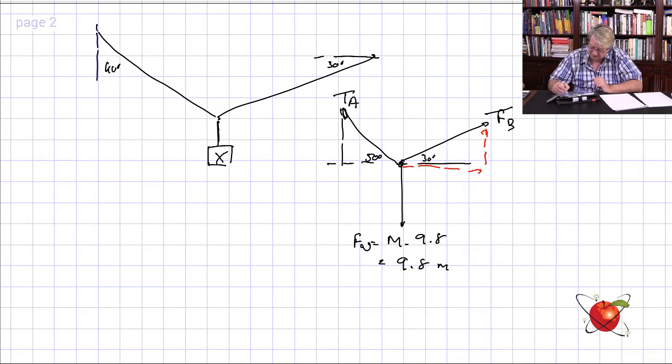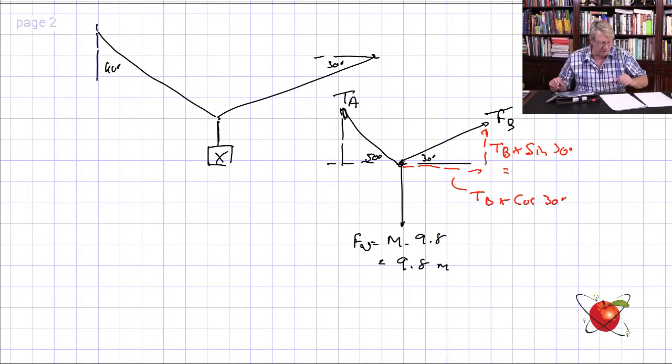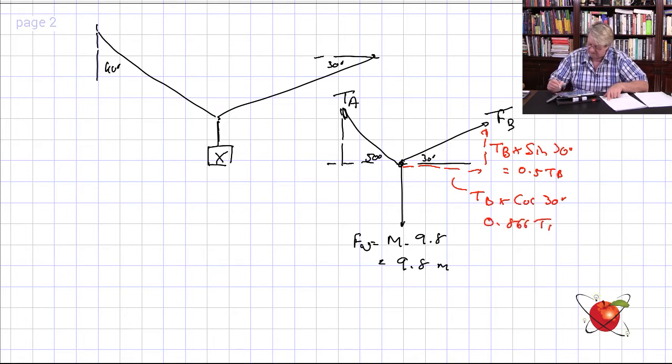TB is opposite, right? So that is TB times sine of 30 degrees. That one is TB times cos of 30 degrees. Okay? TB sine, TB cos 30 degrees. Let's work that out as a number. I've done it up ahead, so let's just go to save time. This is 0.5 TB, and this is 0.866 TB.